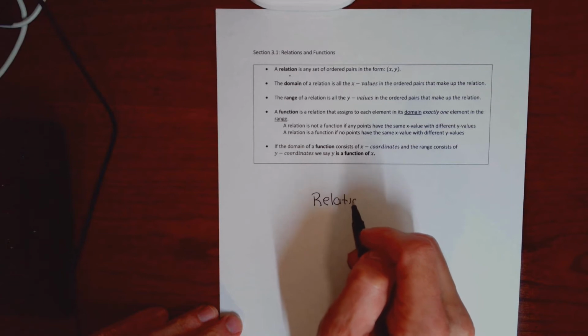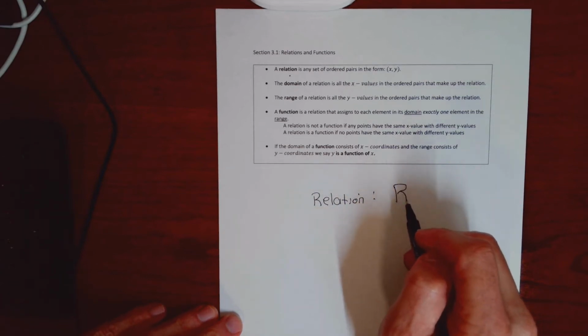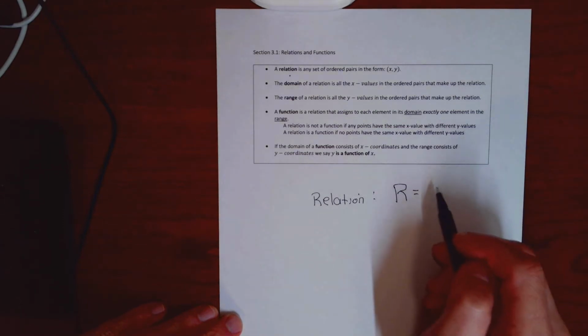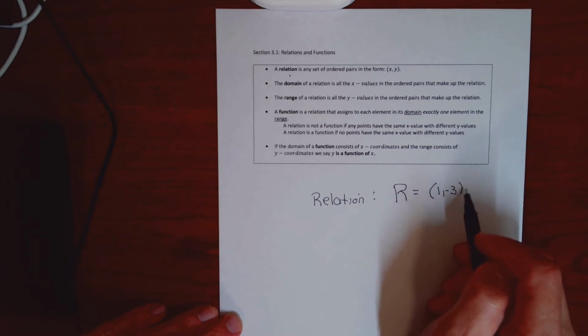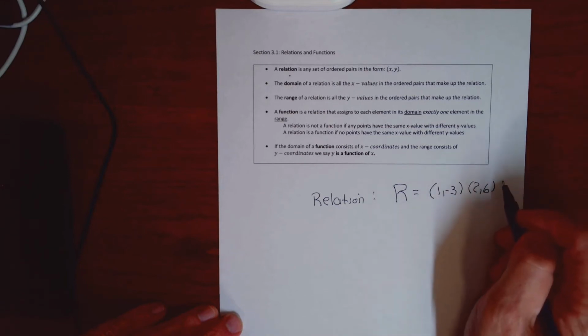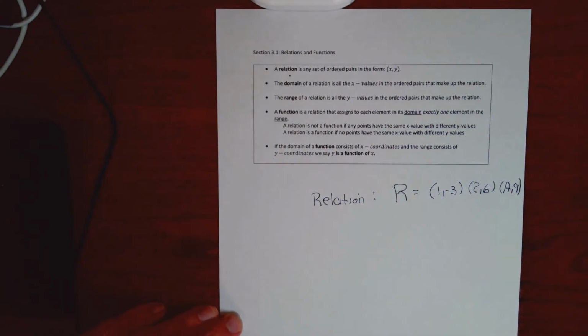Usually, if I would give a relation a name, I would give it a capital letter name. So I'll make my relation R equals, and then I'm just going to make a set of ordered pairs. Maybe the points (1, -3), (2, 6), and (a, 9). The points in the ordered pairs don't have to be numbers, but they usually are.